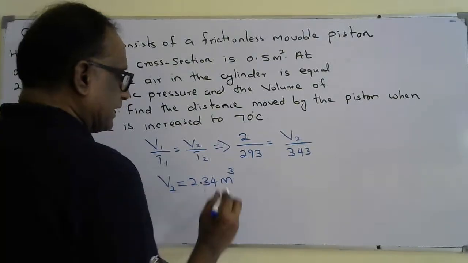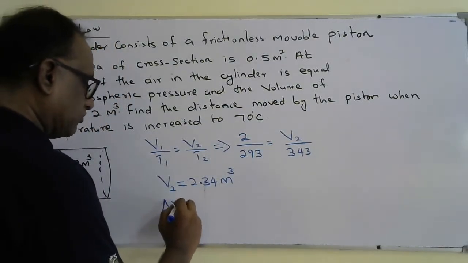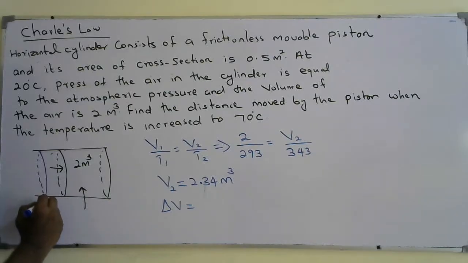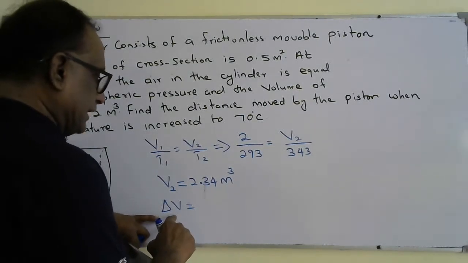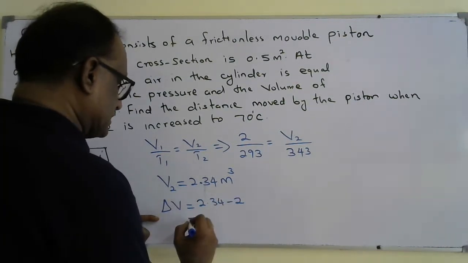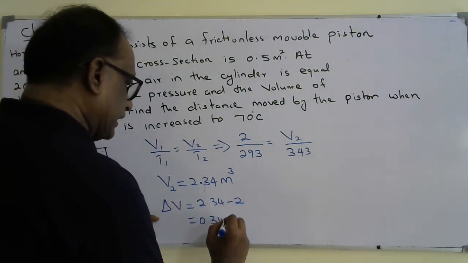So the volume has increased, which means the piston has moved out. I can imagine the piston has come to a new position somewhere here like this. The distance it moved is L. The area of cross section remains the same. The increase in volume is 2.34 minus 2, that is 0.34 meter cube.